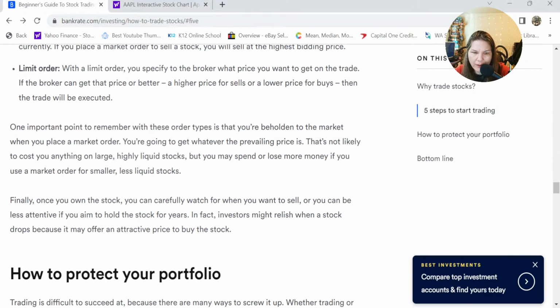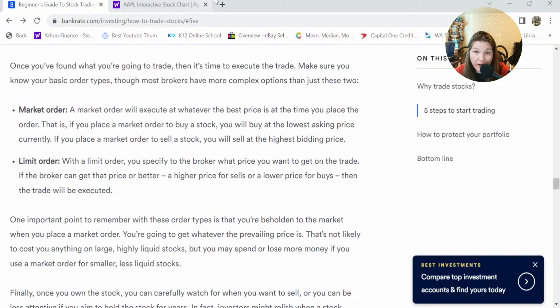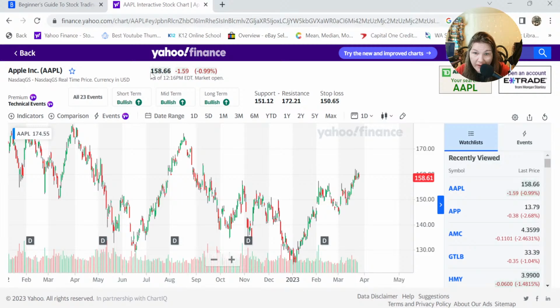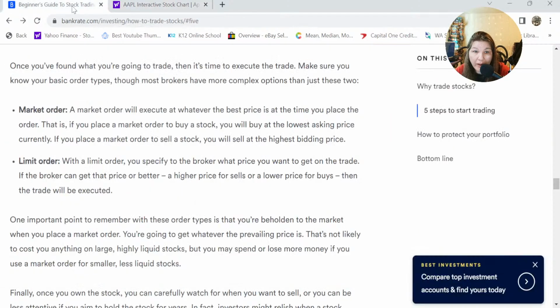Okay, so a limit order versus a market order. If you buy with a market order and the market says 158 right now, but the lowest asking price is 159, you're going to pay 159 even though the stock is only at 158. So you might lose money going in with a market order. One time I used a market order because I didn't know what I was doing.